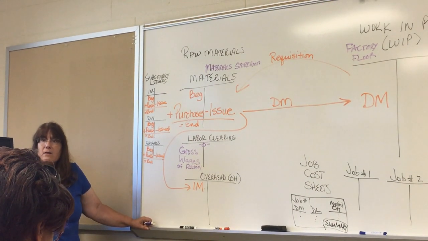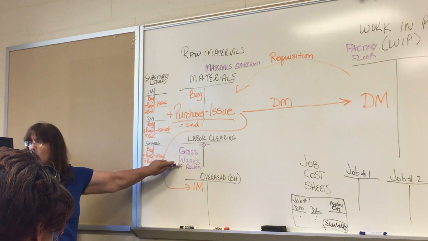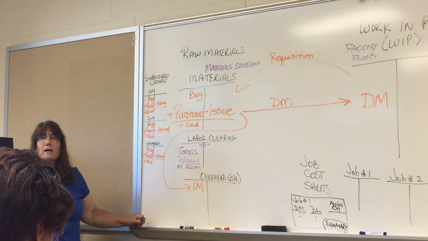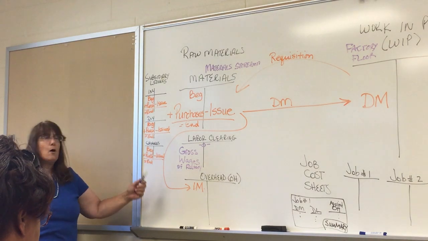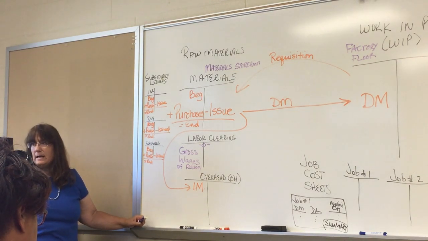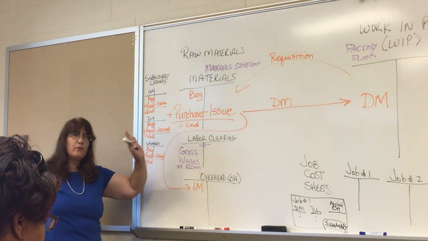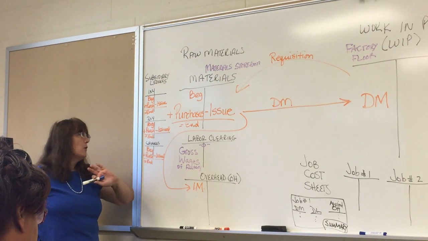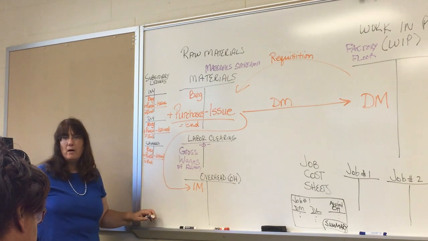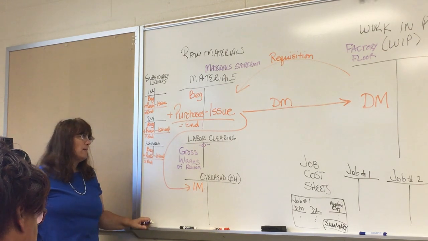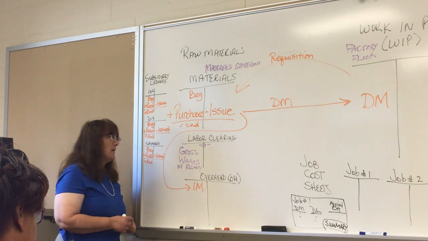If it's somebody that works in the office building, this does not go here, okay? Salespeople, administrative people, executives, they all work in the office building, or out in retail store outlets, whatever. Those people's gross wages do not go in this labor clearing, only the factory people, okay?